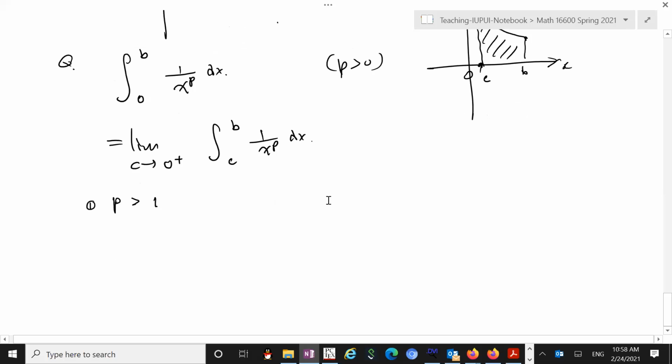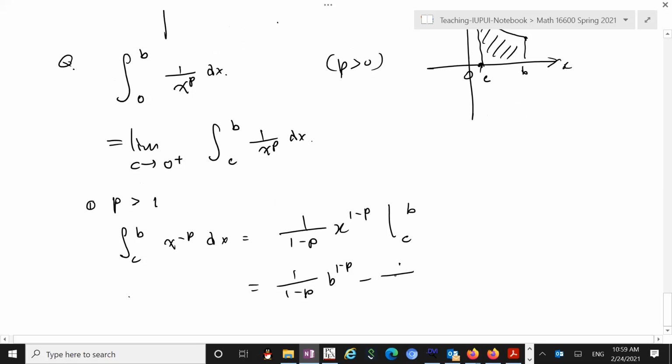The integral from c to b of x to the negative p dx has antiderivative x to the 1 minus p over 1 minus p, evaluated at the endpoints. Now p is greater than 1, so that will be negative.